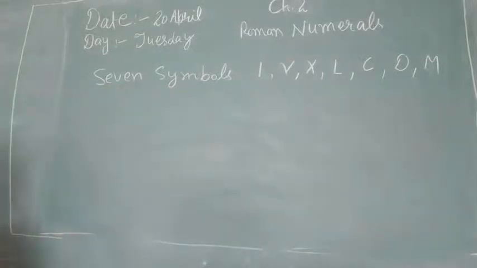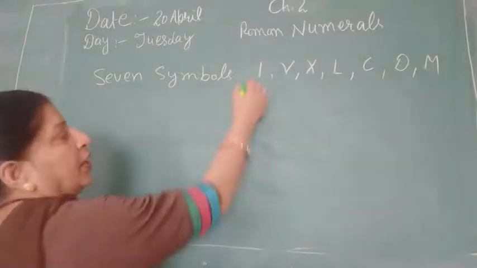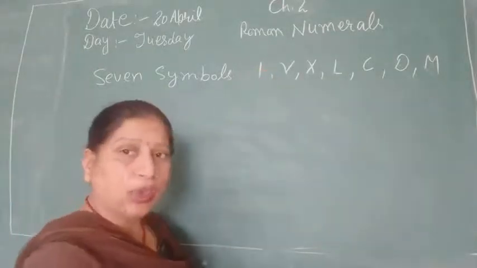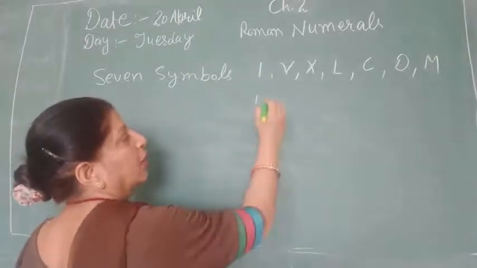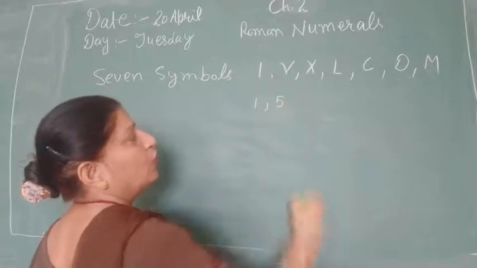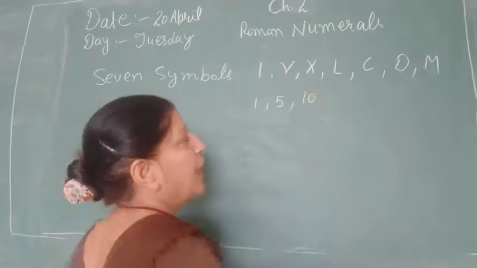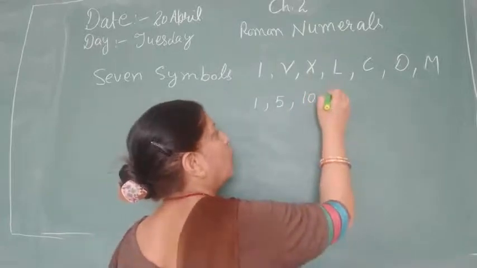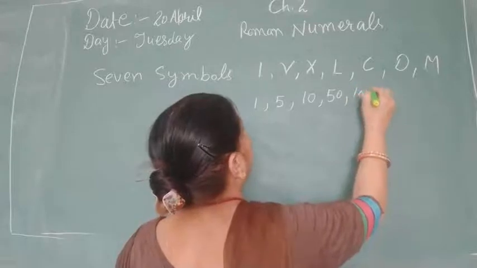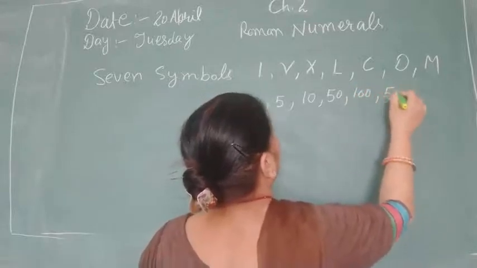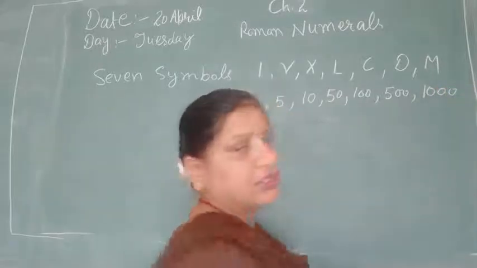Now we write the value of these symbols in Hindu-Arabic numbers. I is used for 1, V is used for 5, X is used for 10, L is used for 50, C is used for 100, D is used for 500 and M is used for 1000.